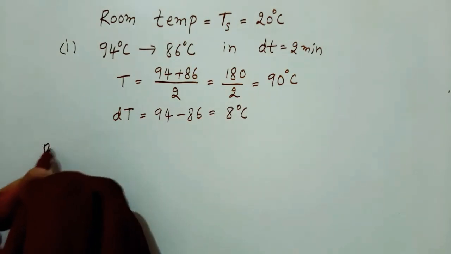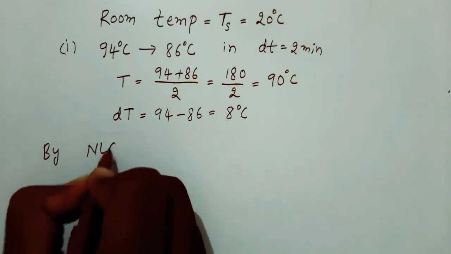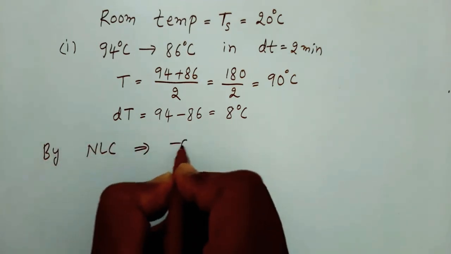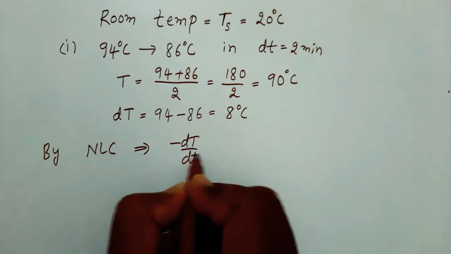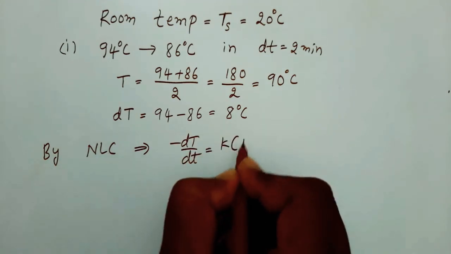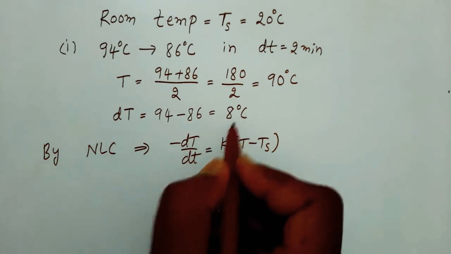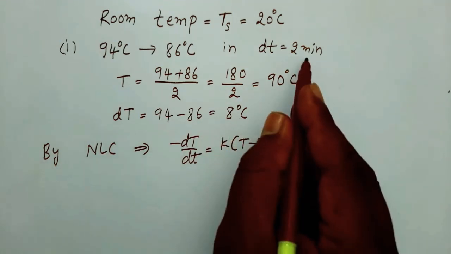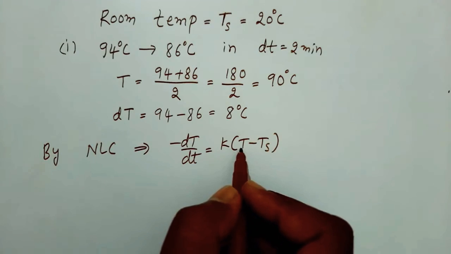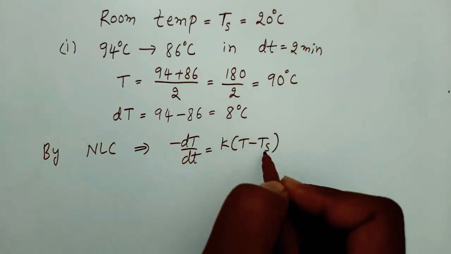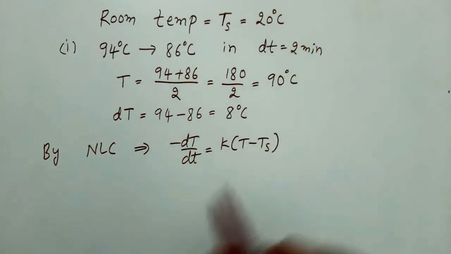By Newton's law of cooling, minus dT by dt is equal to K into T minus Ts. Here dT is equal to 8 degrees Celsius, dt is equal to 2 minutes, T is equal to 90 degrees Celsius, Ts is equal to 20 degrees Celsius.